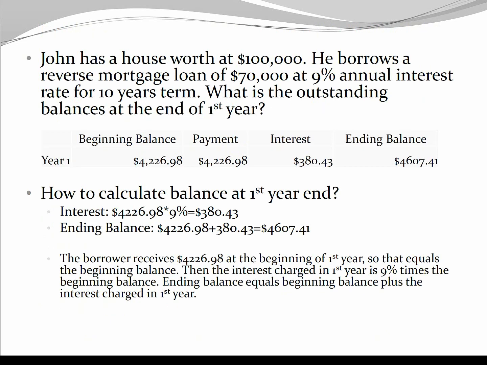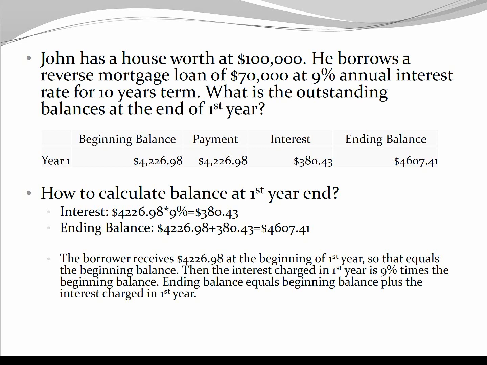How to calculate the balance at the end of the first year? Remember, at the beginning of the year, the borrower will receive $4,226.98 from the reverse mortgage. So the payment each year is the same amount. The interest cost for the first year will equal the beginning balance times the annual interest rate of 9%, which is $380.43.